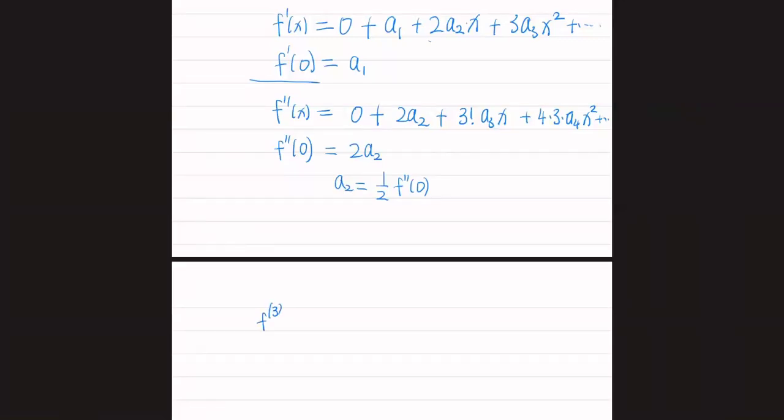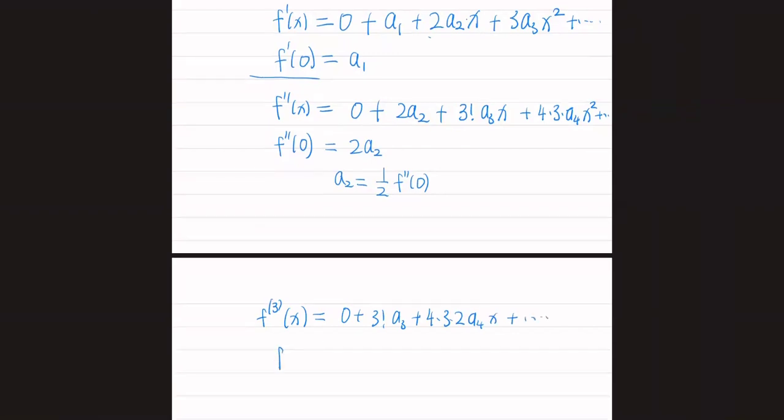So I'm going to use 3 factorial a3, which will be 0 plus 3 factorial a3 plus another derivative will be 4, 3, 2 a4x. So if I set x to 0, 3 factorial a3. So a3 is the third derivative at 0 over 3 factorial.